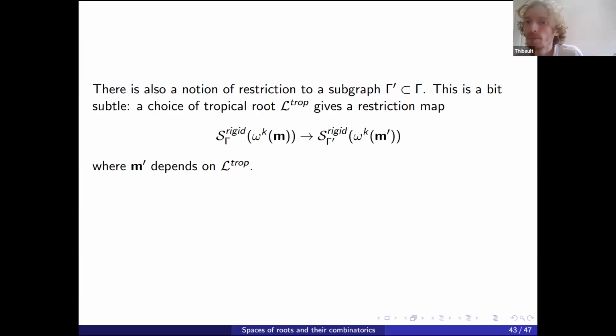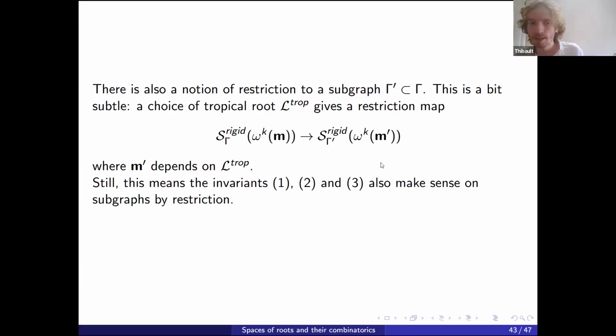But still, because the story I've told you earlier is valid for every choice of omega k of m, my discrete invariants 1, 2, 3 on gamma, I also get some versions of them on gamma prime attached to this other universal bundle. So by restriction, the invariants 1, 2, and 3 do still make sense on the subgraph gamma.